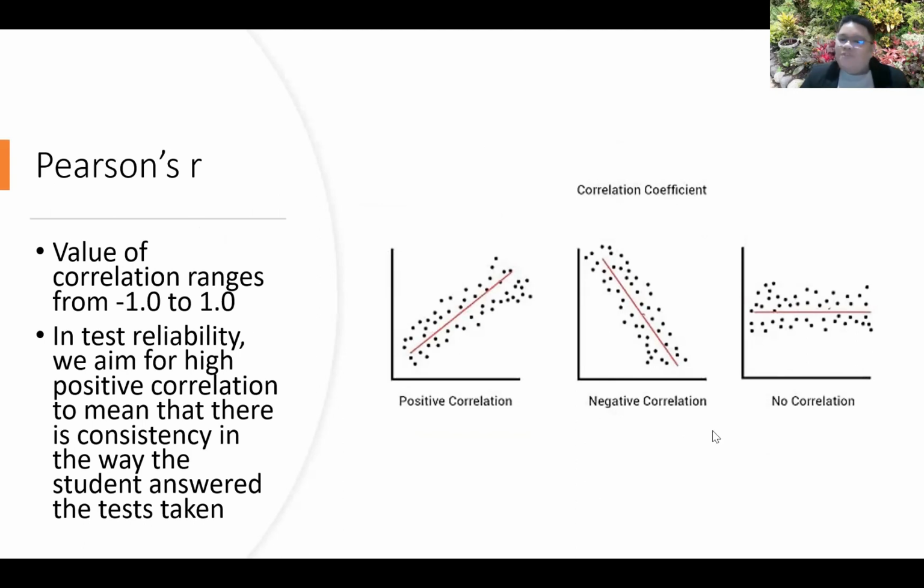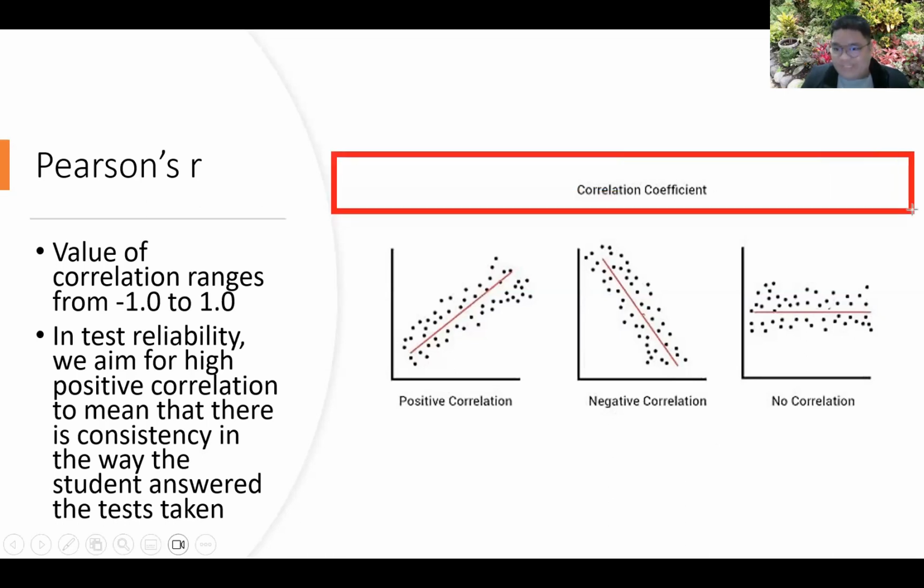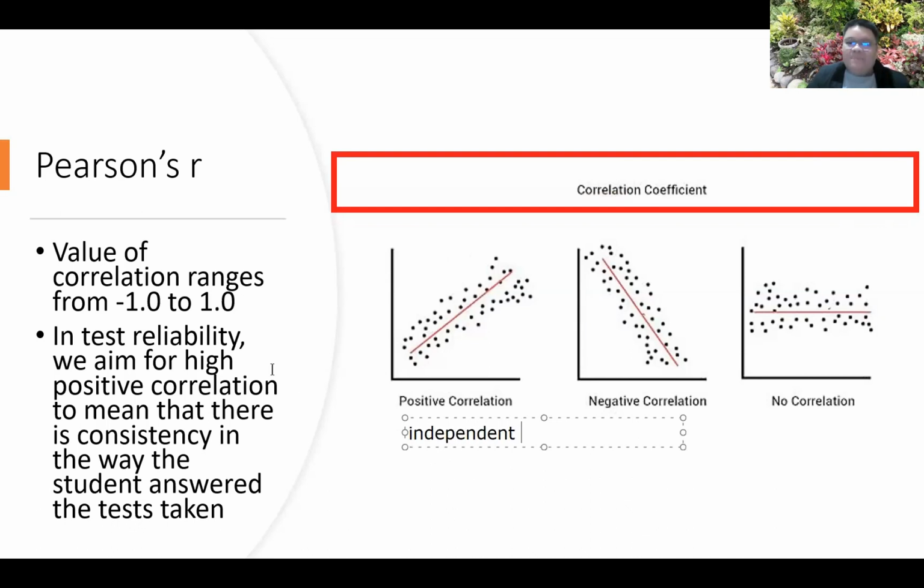Now, if you look at these charts, the charts here on the right are a very good reflection of what a correlation is. So class, usually, when we plot, you have the independent variable in the x-axis, and the dependent variable in the y-axis.